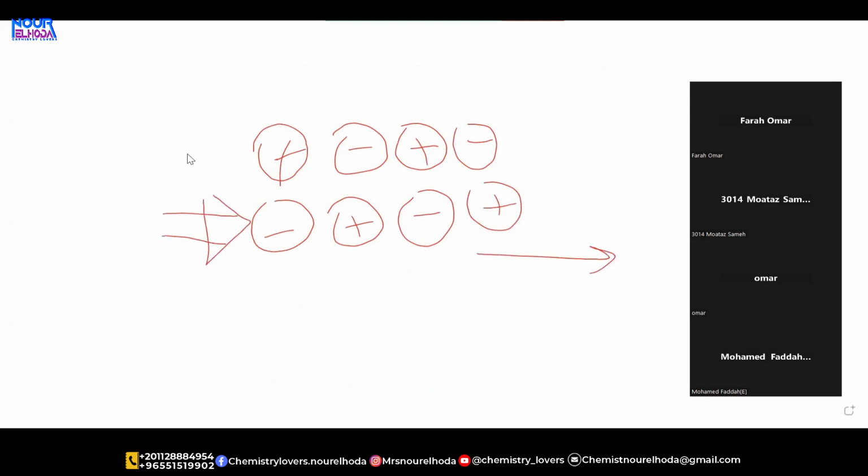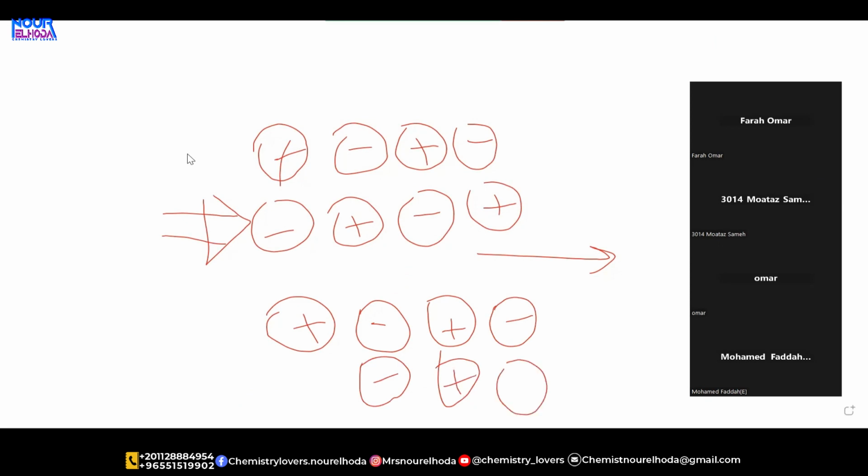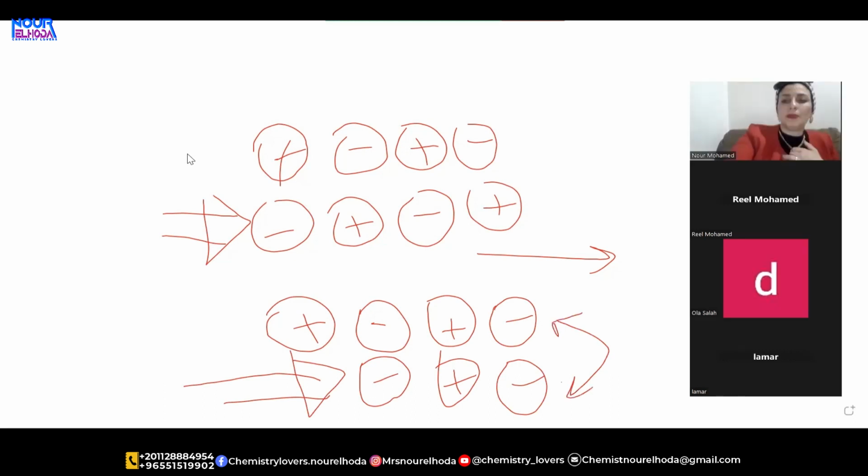All the ions are going to be shifted. So instead, a positive is going to have a negative below it. It's going to be negative, negative, positive, positive, negative, negative, and so on.